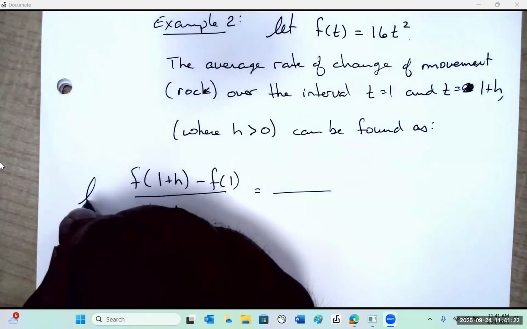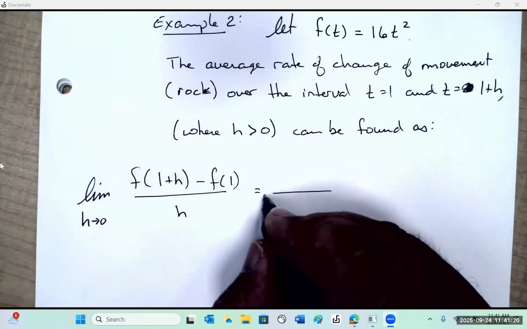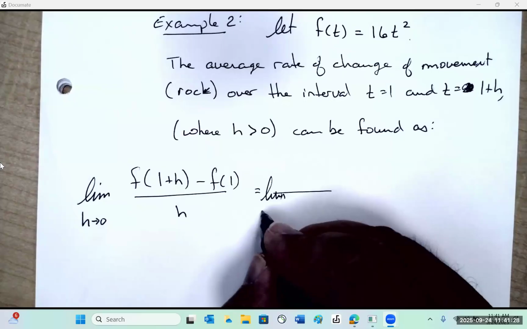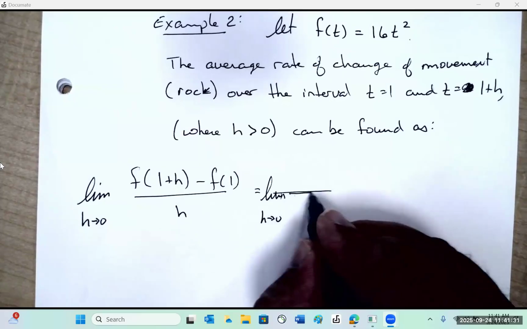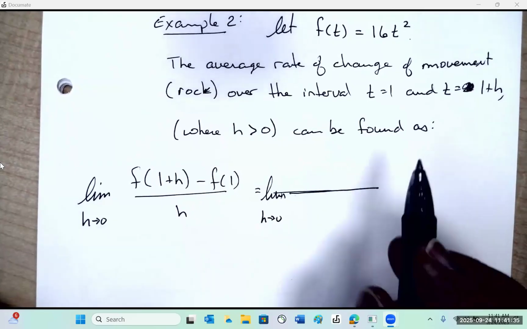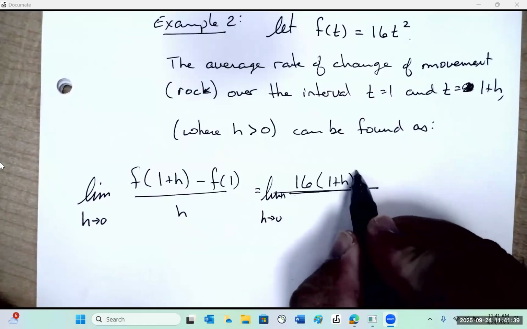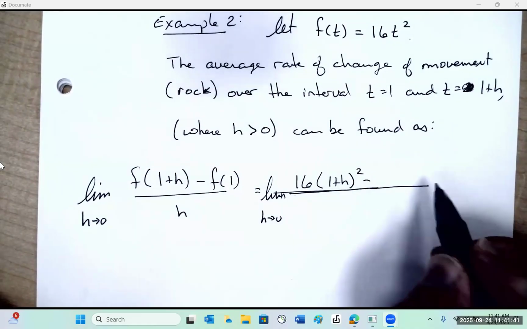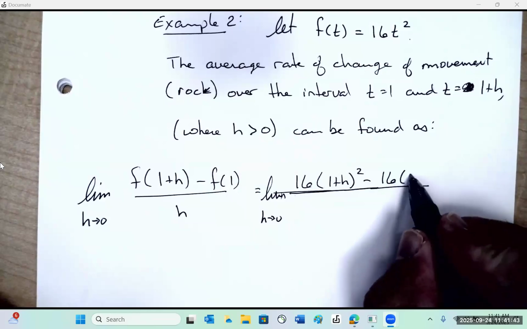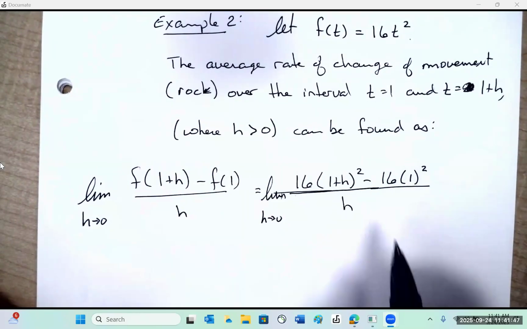Well, the limit as h approaches 0. So f of 1 plus h is 16(1 plus h) squared minus 16(1) squared all over h.